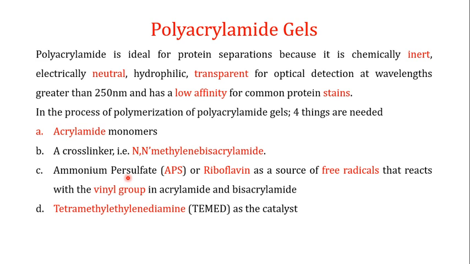You need ammonium persulfate or riboflavin, and the APS or the riboflavin acts as a source of free radicals that react with the vinyl group in the acrylamide and bisacrylamide, thereby activating them. Initially, these acrylamide monomers and methylene bisacrylamide monomers are inert, they are not very reactive, but when you add the APS or the riboflavin and they produce the free radicals, these free radicals are going to make the acrylamide and the methylene bisacrylamide active.